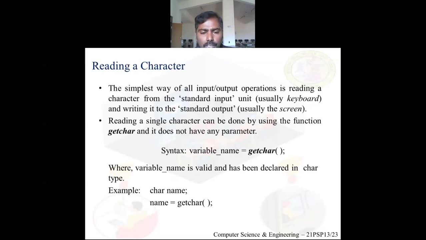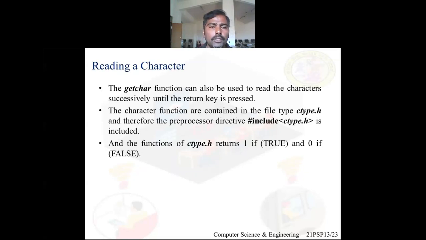When this statement is executed, the getchar function is invoked and waits for the user to enter a character. When the user enters a character, it will be stored to the memory location identified by name, and control will pass to the next statement only after the user presses the return key. Clear?